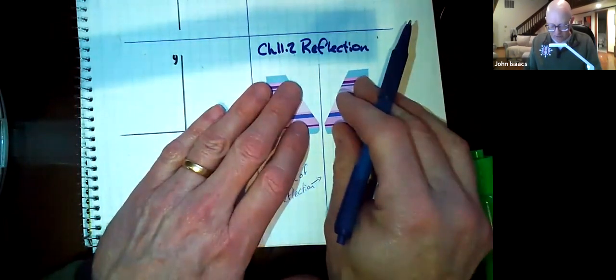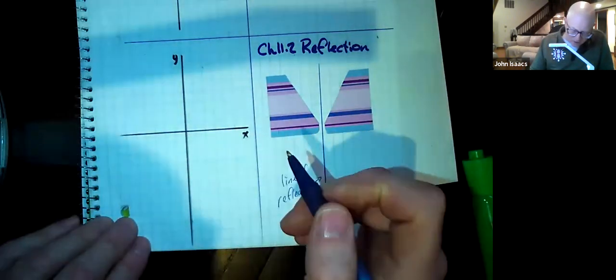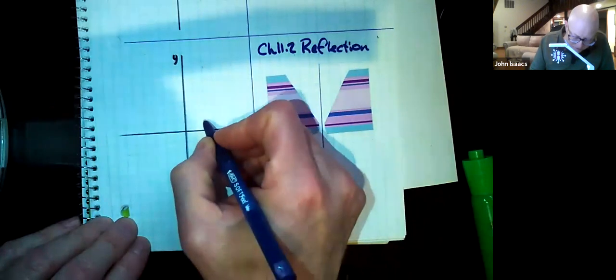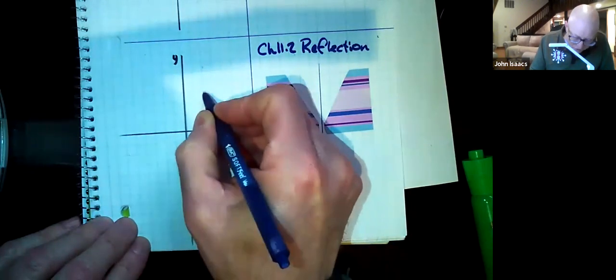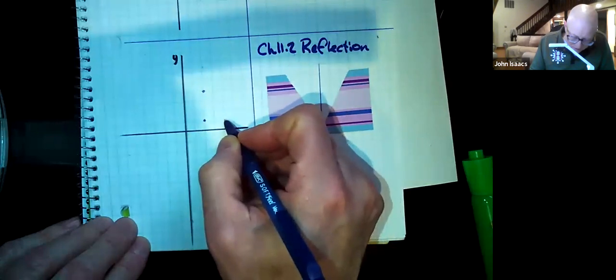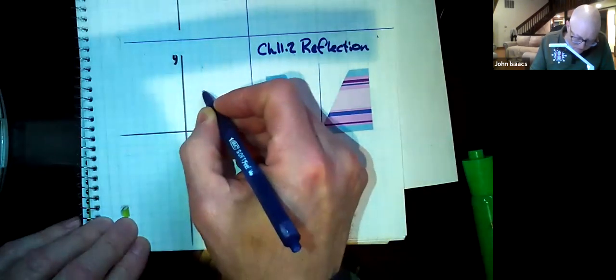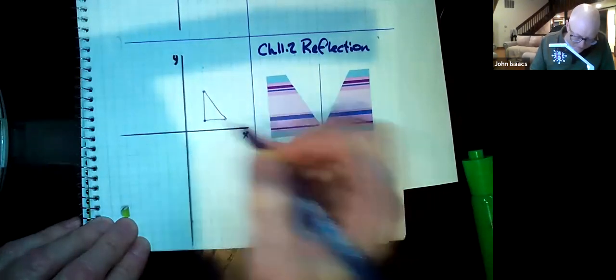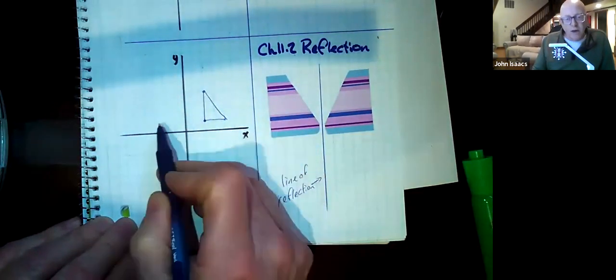All right, so let's take a look at a triangle and reflect it. Let's reflect a triangle that looks like this across the y-axis.